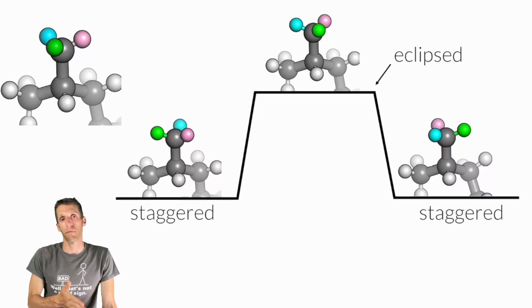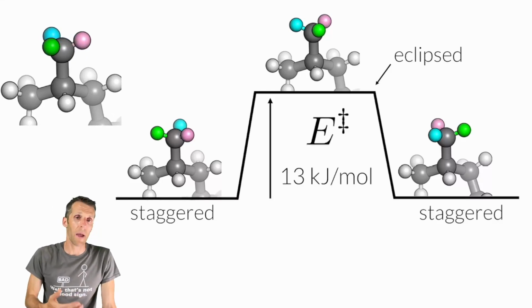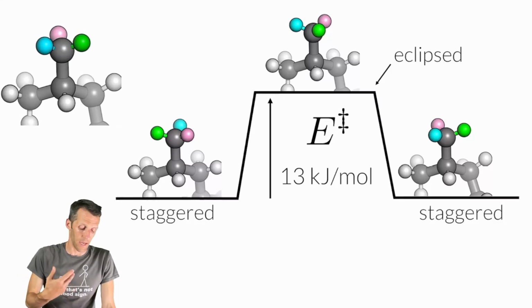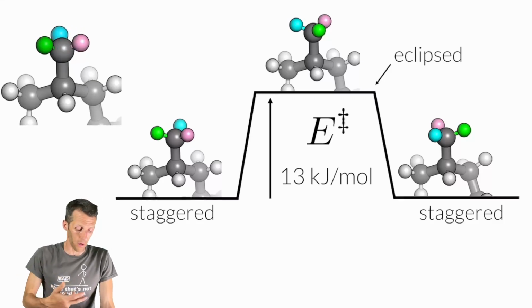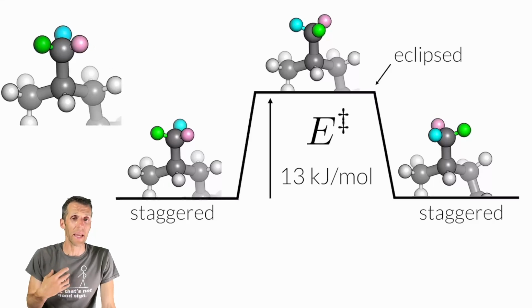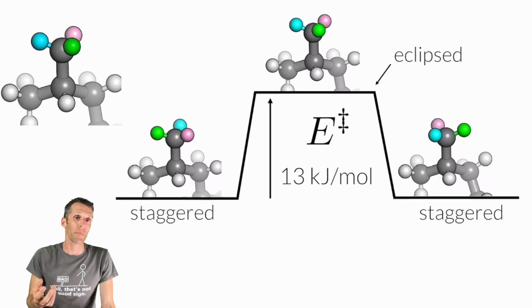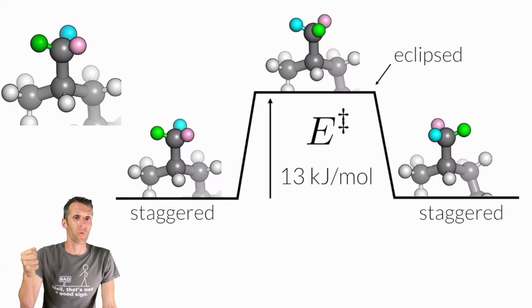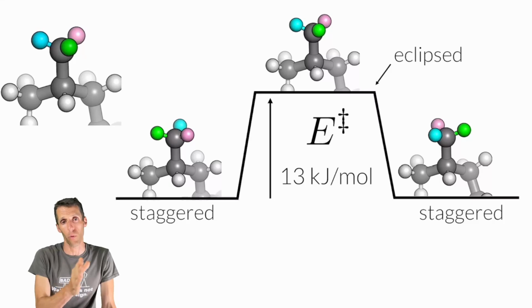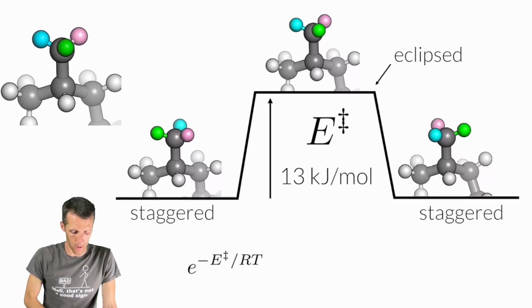And we would describe this in the following way. We can go from staggered to eclipse to staggered. And there's some activation energy associated with that. In this case, it's 13 kilojoules per mole to go across this energy barrier. Again, going back to the cat analogy, that is telling me something like what's the probability of rolling a 6? It's what's the probability that I get a big enough whack of energy from the thermal energy in the system to go from staggered through eclipse to staggered.